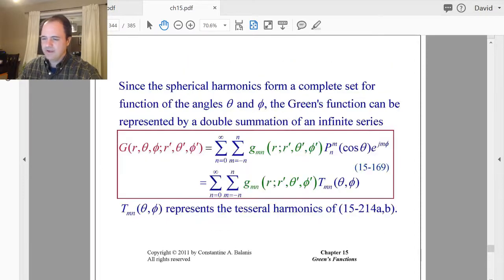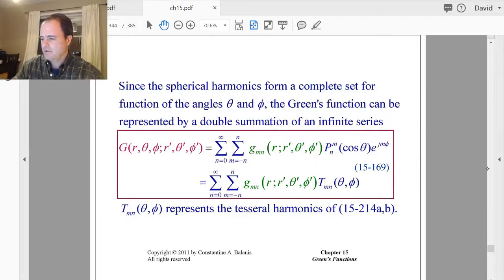So this is what we have, and then we do a trial solution that involves a summation over spherical harmonics. Spherical harmonics form a complete set for the functions of the angles theta and phi, such that we can write the Green's function as a double summation over this.